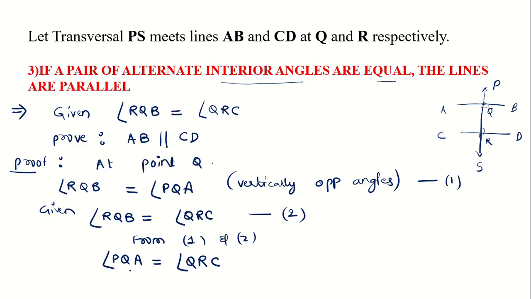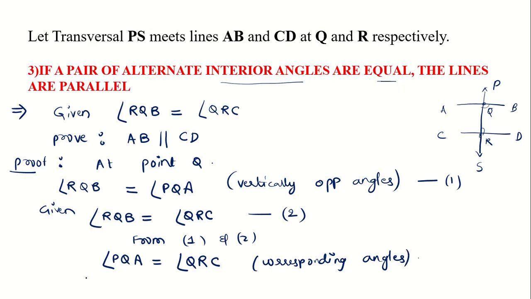Now as you can see here, this is your angle PQA and this is your angle QRC. Both these angles form a pair of corresponding angles. So PQA and QRC, this pair forms corresponding angles.